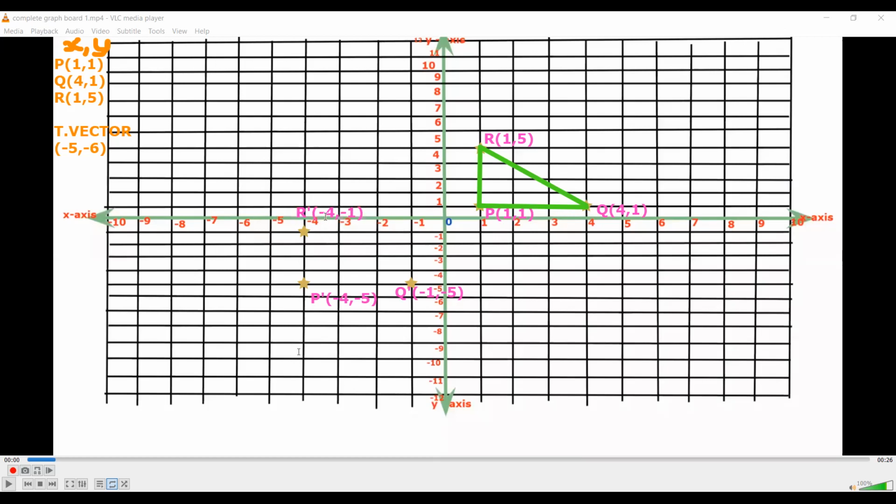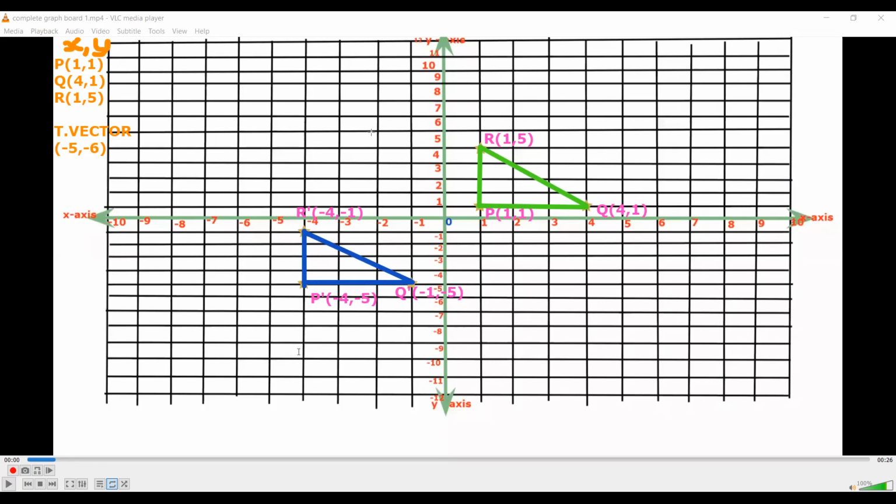So the R prime, you move 5 left, 6 down. And when you finish, you join the points together. And then you have this one.